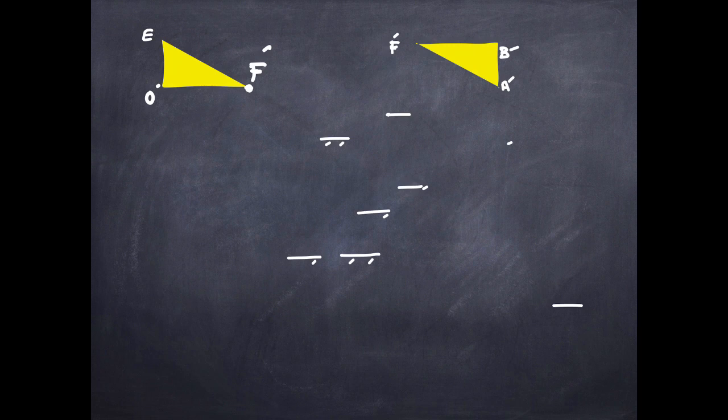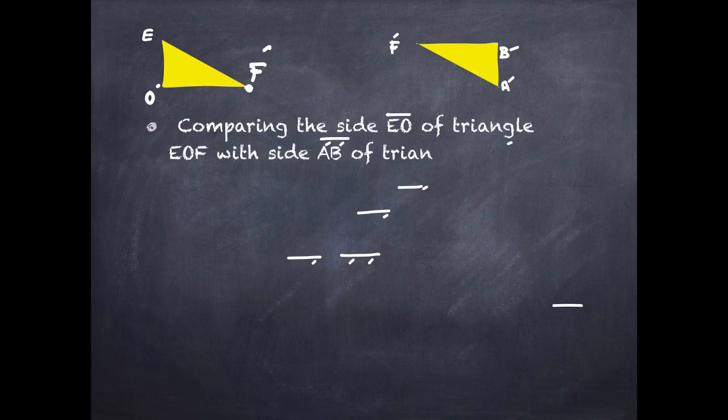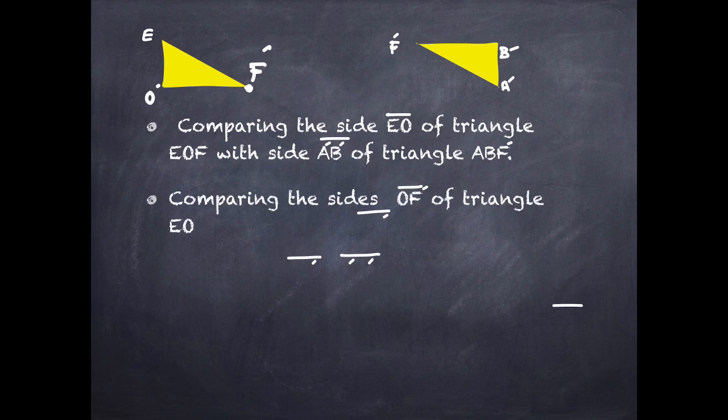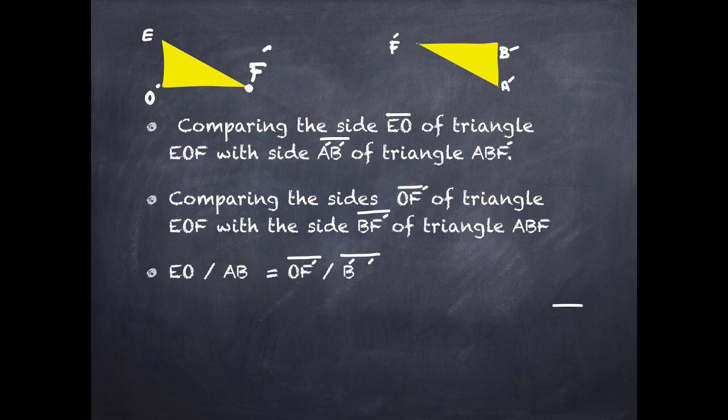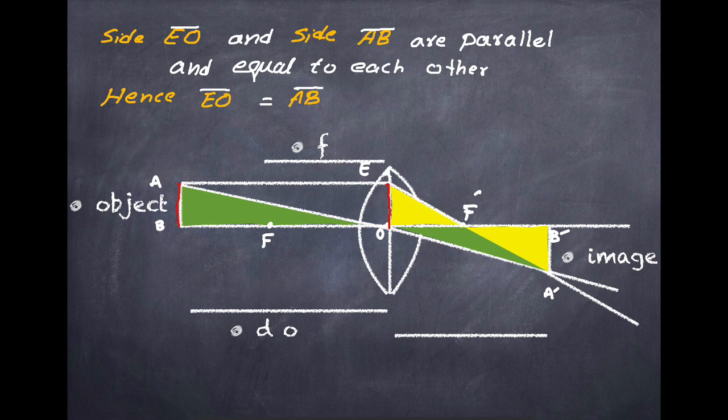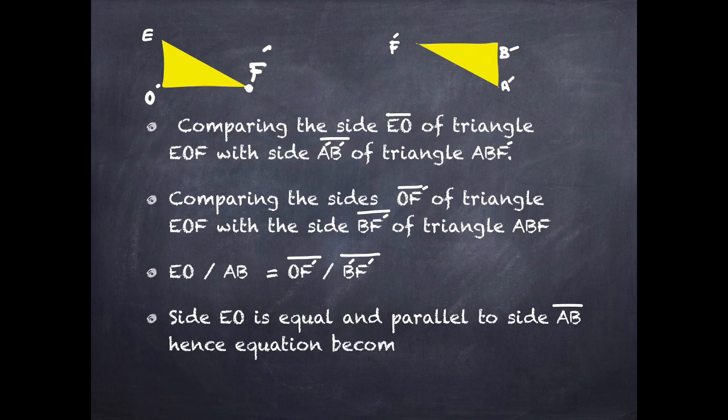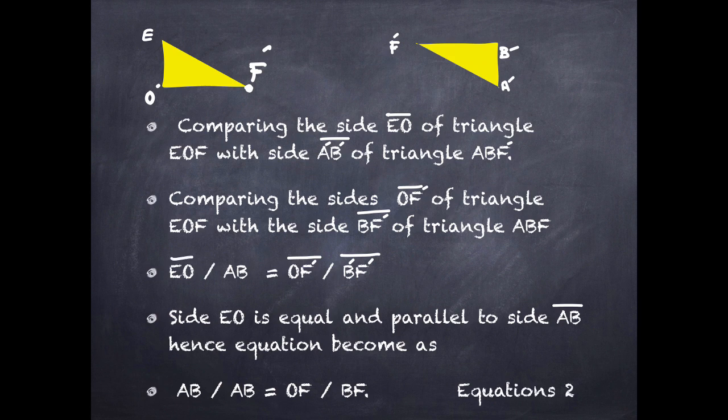The side EO is compared with the side A dash B dash, and the side OF dash is compared with the side B dash F dash. Hence, an equation is formed. Consider this diagram again. The side EO is equal and parallel to the side AB. Hence, EO can be replaced by AB in the equation as shown, and a new equation is formed which is named equation number 2.